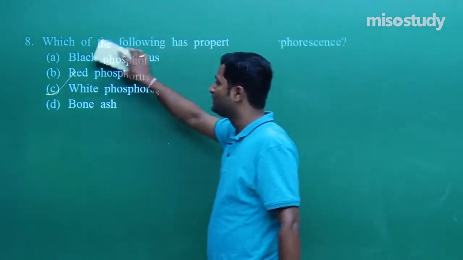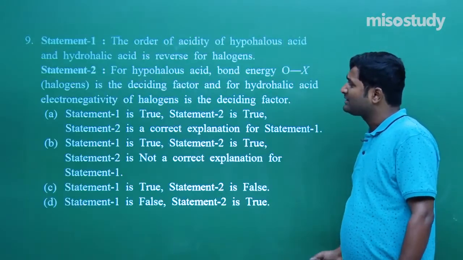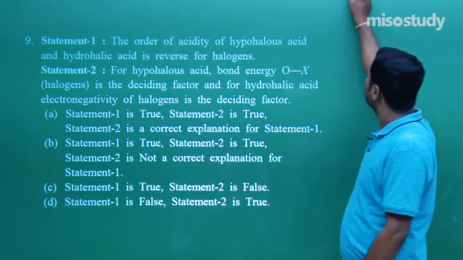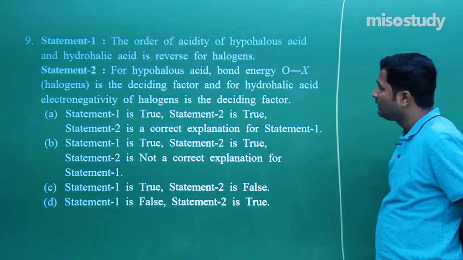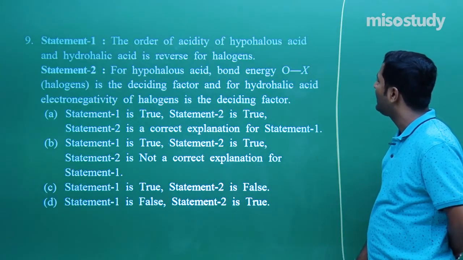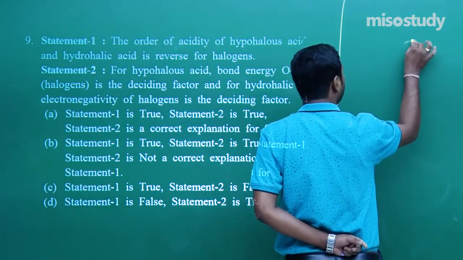Now let's move to the next question. What is the next question? This is a statement type. Read the statement carefully. I am giving you a few seconds. The order of acidity of hypohalous acid and hydrohalic acid. What is hydrohalic acid?